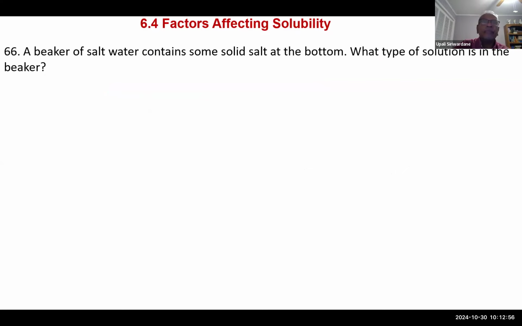Let's look at some problems about factors affecting solubility. A beaker of salt water contains some solid salt at the bottom. Which type of solution is in the beaker?